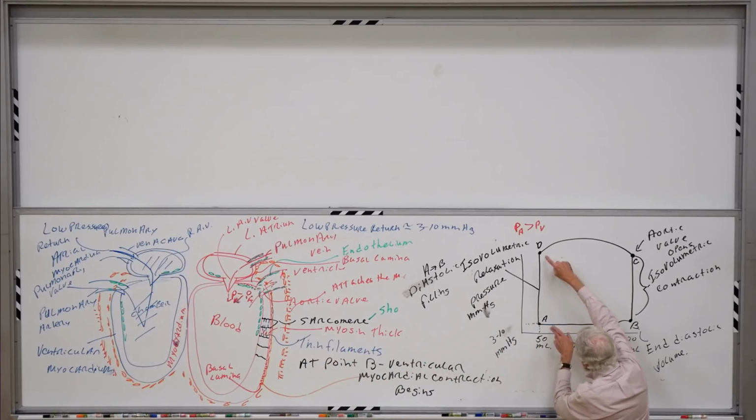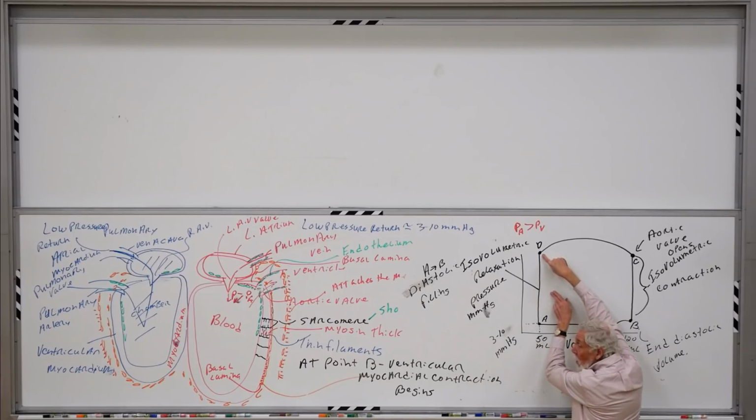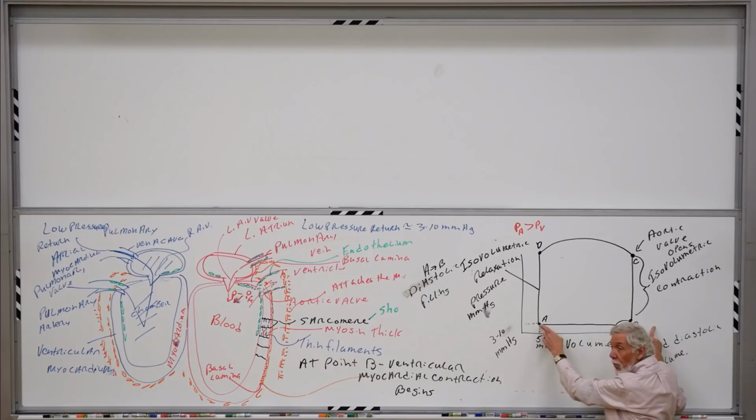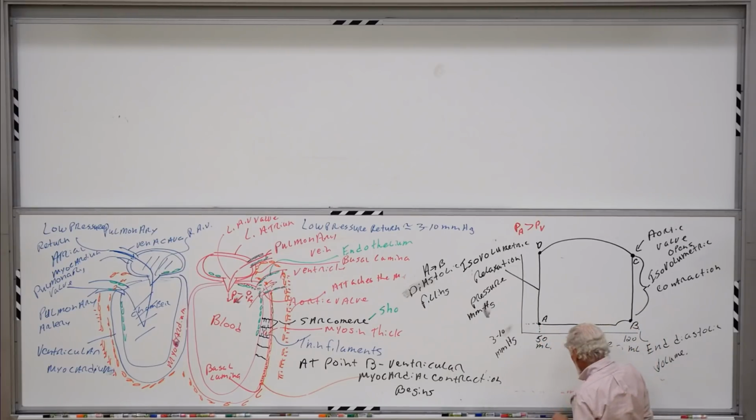So we relax, we stop signaling contraction, and then from there all the way to B, we're using the lack of contraction to fill the ventricular chamber. And that's the period of diastolic filling.